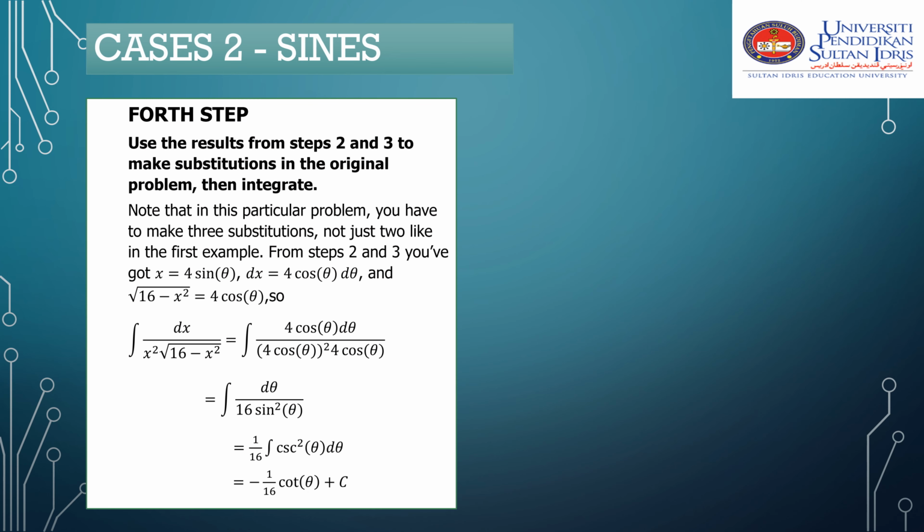The fourth step is you must use the results from steps 2 and 3 to make the substitution in the original problem. Then integrate. You can see as I've written down here.